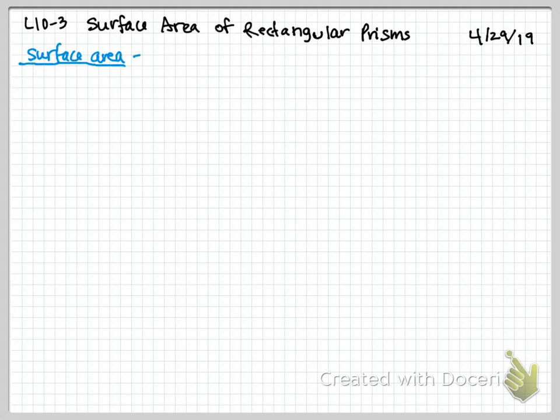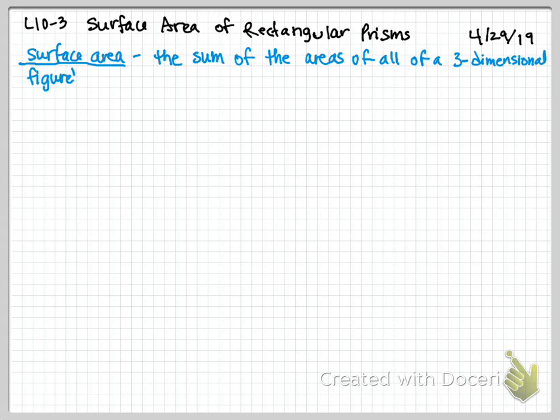So surface area is the sum of the areas of all of a three-dimensional figure's faces, or surfaces. Okay, so that's where the idea of surface area comes from, because I guess face area sounded kind of funny.